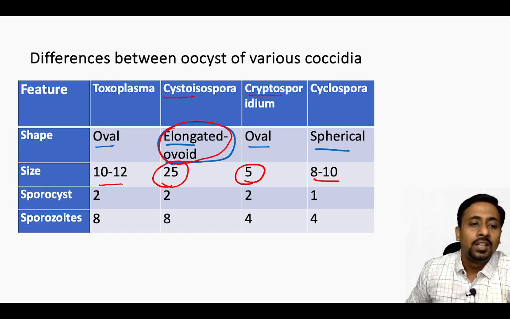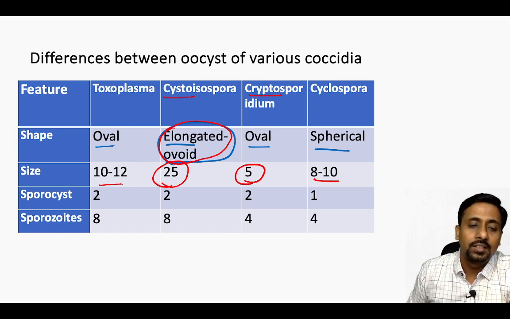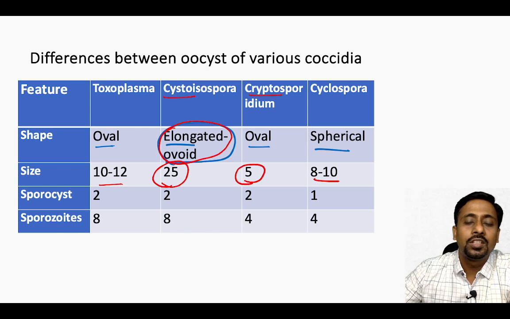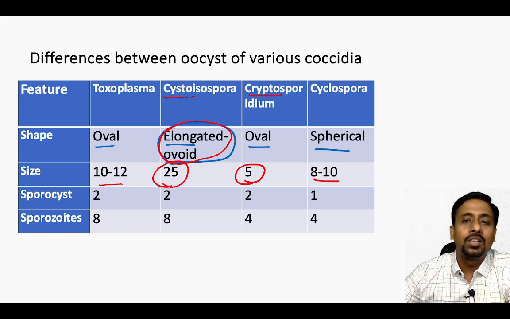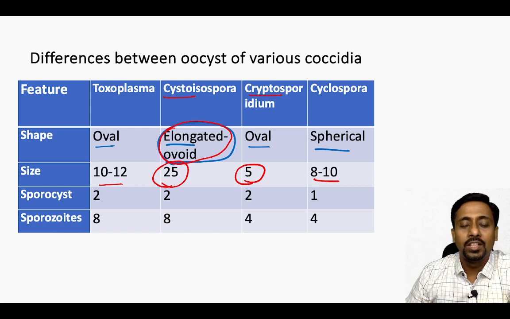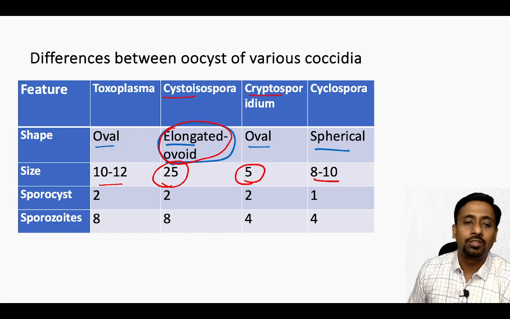Then the number of sporocysts and sporozoites. What is a sporocyst? A sporocyst is actually a sporoblast which has a cyst wall. When the sporoblast is covered with a cyst wall, it becomes a sporocyst, and this sporocyst contains sporozoites.